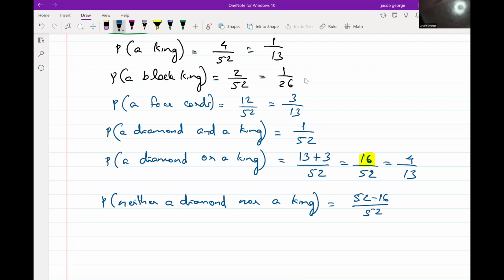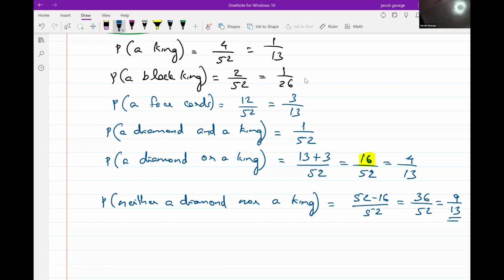When you get a question like neither a diamond nor a king, we take diamond or a king first, that is 16. So 52 minus 16 by 52. What is 52 minus 16? 36 by 52. How much do you get when you cut this? 9 by 13.